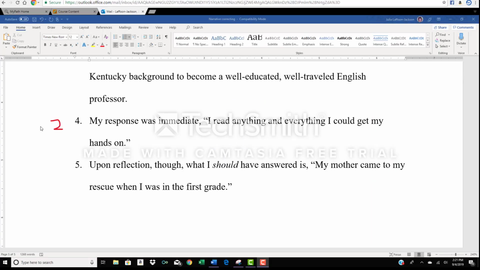Let's look at my run-on sentence. My response was immediate. I read anything and everything I could get my hands on. That little comma is simply not strong enough to separate 2 sentences. A period works well here to separate the 2 sentences.